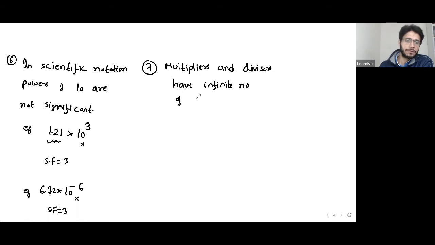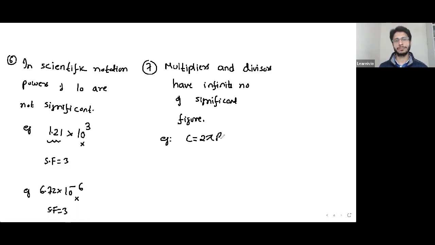Multipliers and divisors means, like if I tell you that the circumference of the circle is 2 pi r, then this 2 is a multiplier. This 2 is not a measured value, it's a multiplier. Whenever you measure 2, it will remain the same. It means the accuracy in the measurement of 2 is infinite. So the significant figures in this 2 are infinite.